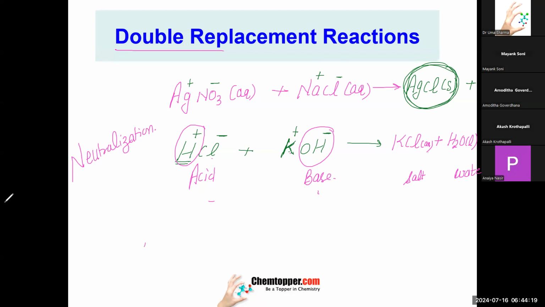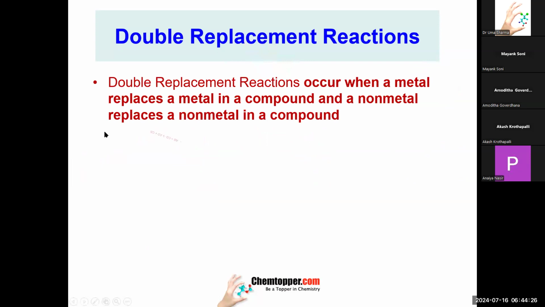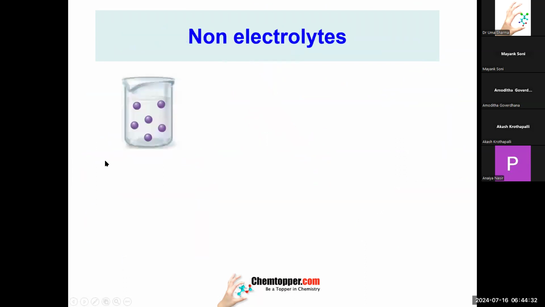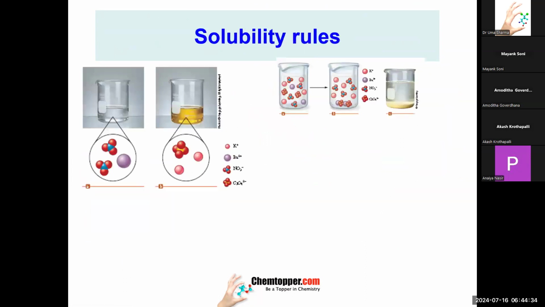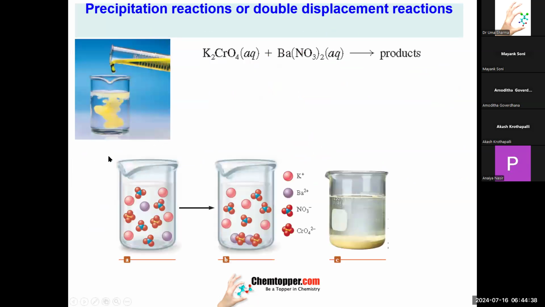Okay, so let's start with the very first category, precipitation reactions. First, I'm going to make you understand the word precipitation reaction. There was a clear solution. You can see this is a clear solution. Clear. No solid.